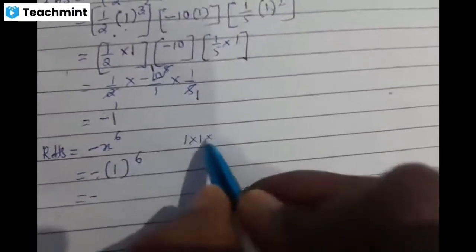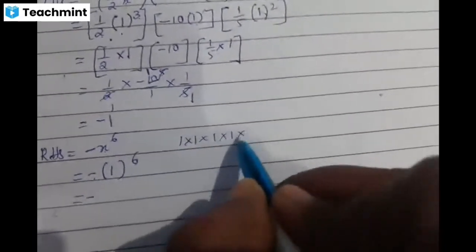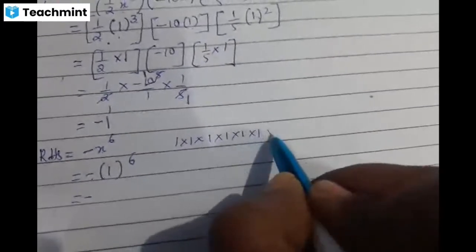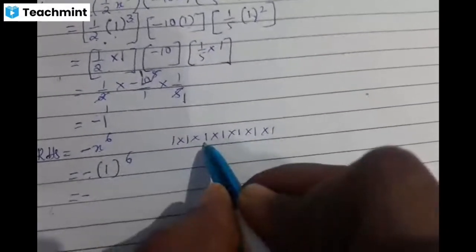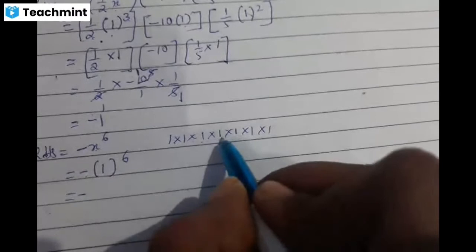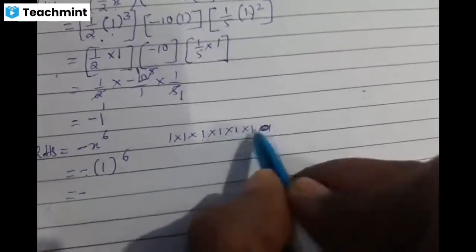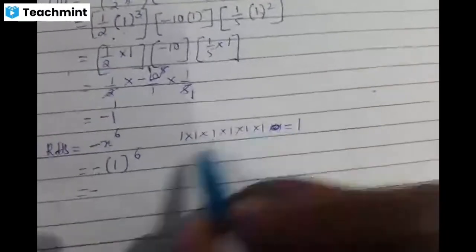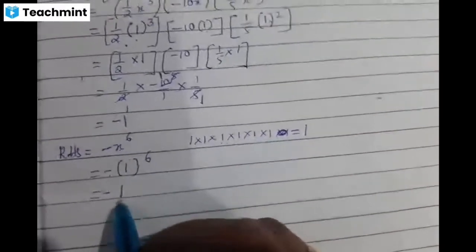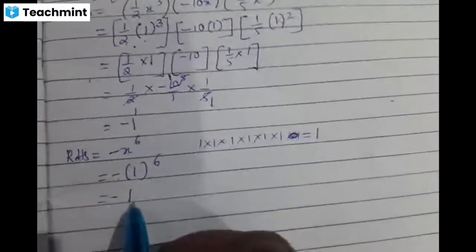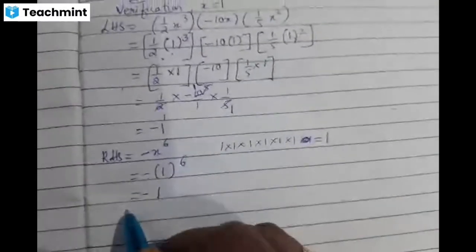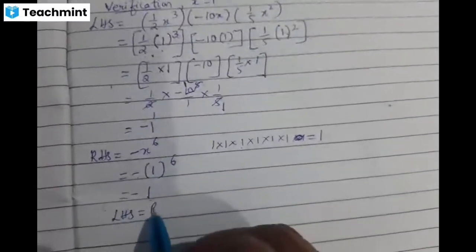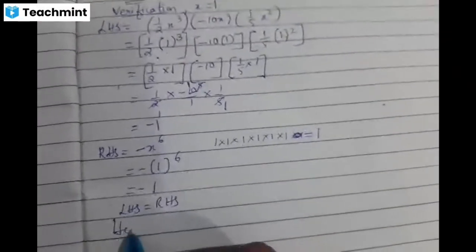When you multiply 1, if you are multiplying 1 as many number of times, we get the answer 1 only. So I write 1 here. The RHS will be minus 1. You can observe LHS is equal to RHS. Hence, verified.